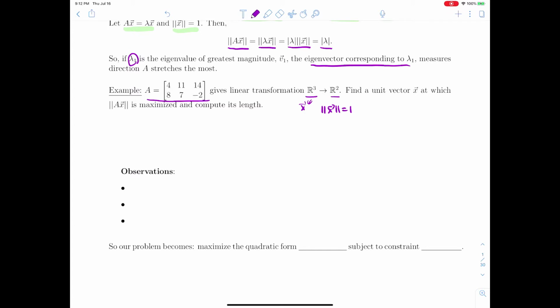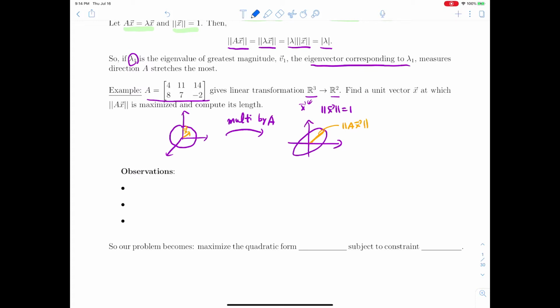In other words, the domain, or the original space, is the surface of a sphere. If you multiply this by A, then this will eventually give you some 2D object, something like this. And we're going to find the vector x such that the magnitude of Ax becomes the largest.